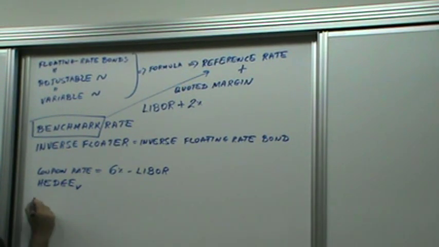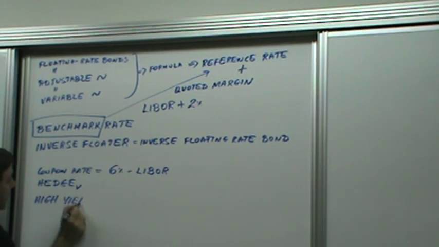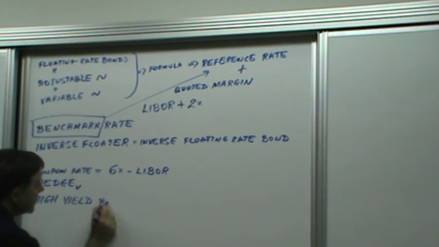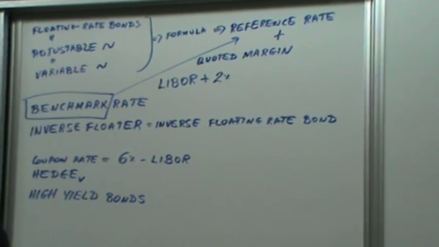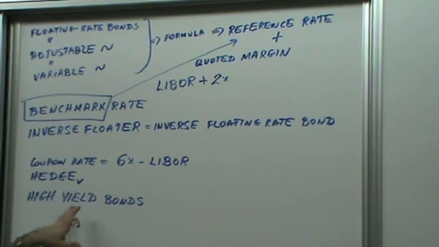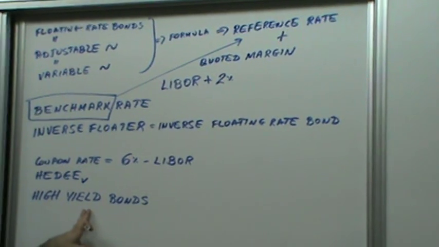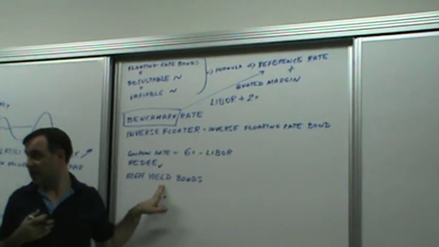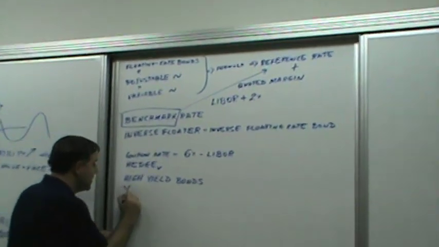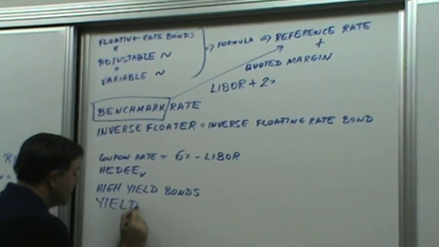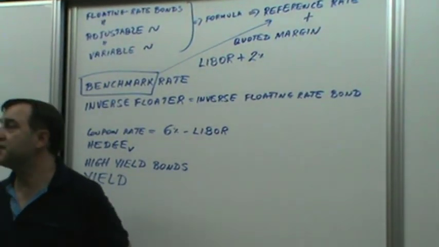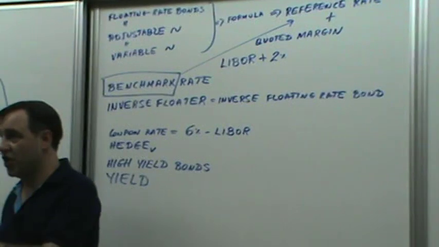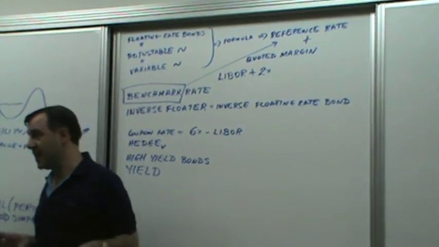I already covered last time. You have high yield bonds. And high yield bonds, as the name says, give you high yield. Okay? So yield is associated with a return on asset.